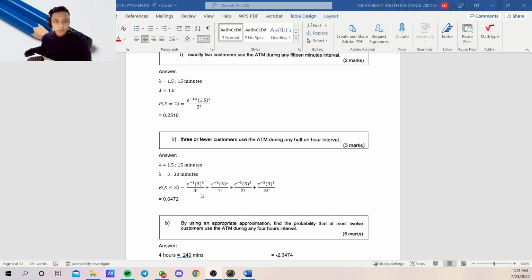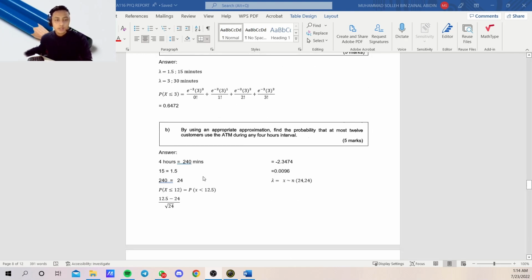For your information, this power number will be based on the number below the division. So for the answer, we will get 0.6472. So this is how we get the answer for A2.